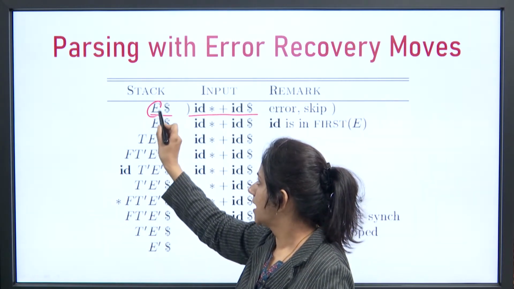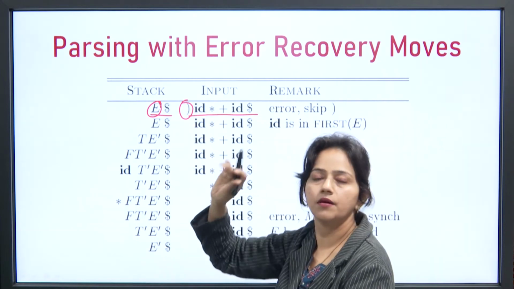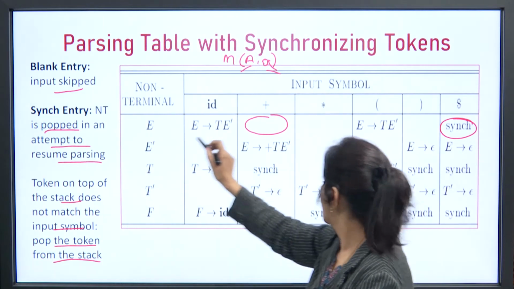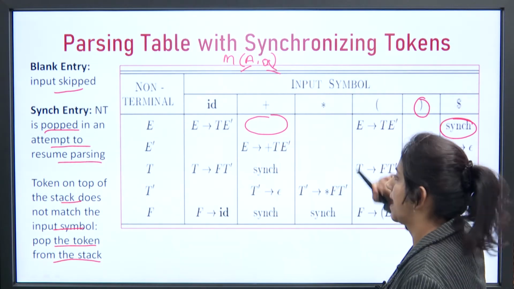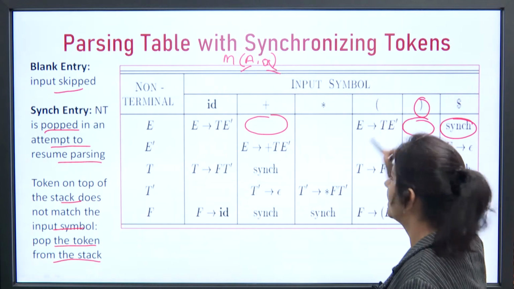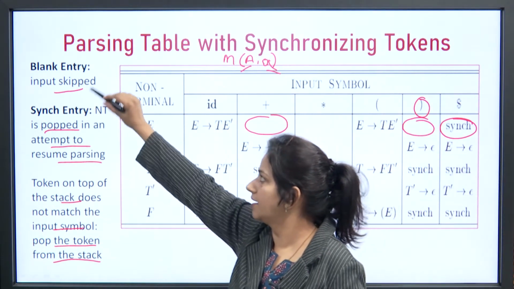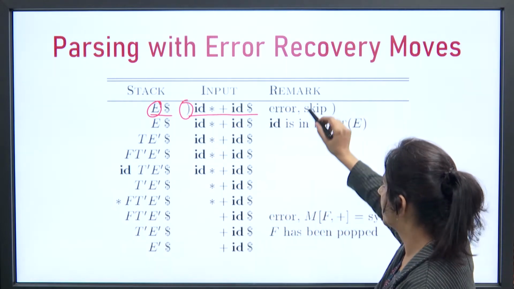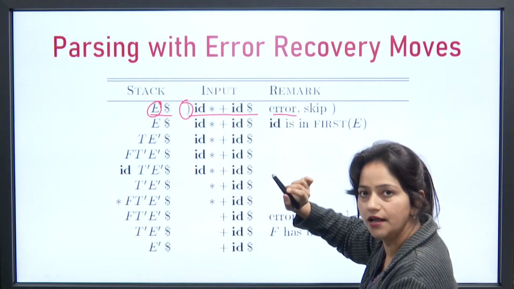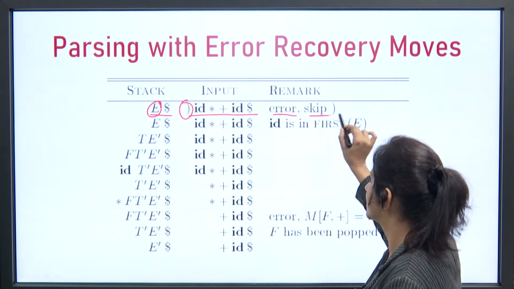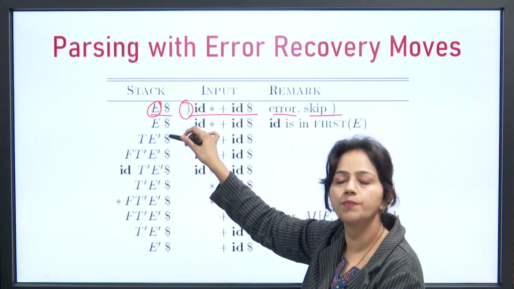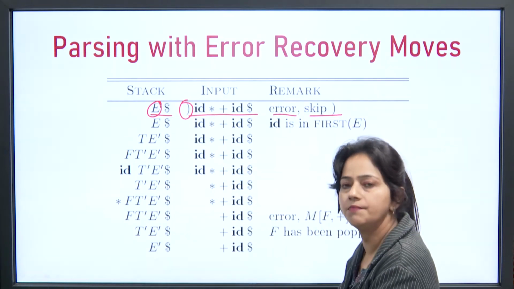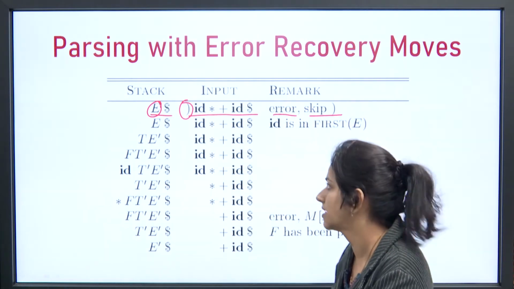Now, this is E and this is the closing parenthesis, and this is a blank entry. What we do in case of a blank entry is skip the input. So, we will put the remark that an error has occurred, and we will simply skip the input. The input is the opening parenthesis, so we will skip it and keep on scanning the remaining portion of the program or the statement.